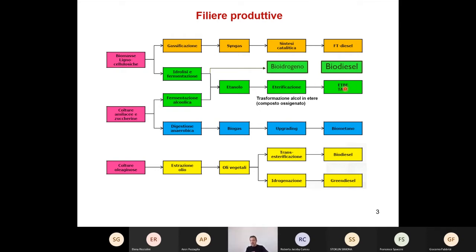So ETBE or this other one are two additives you use in gasoline engines. This is the first generation pathways, with all the problems we just talked about in the last lesson.